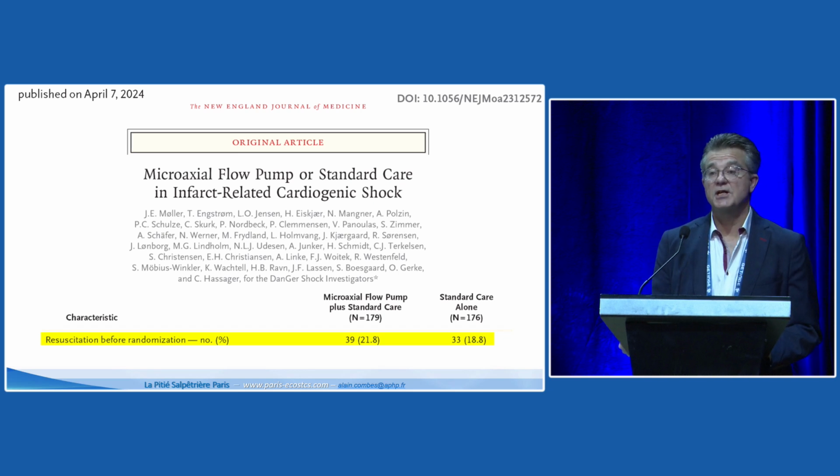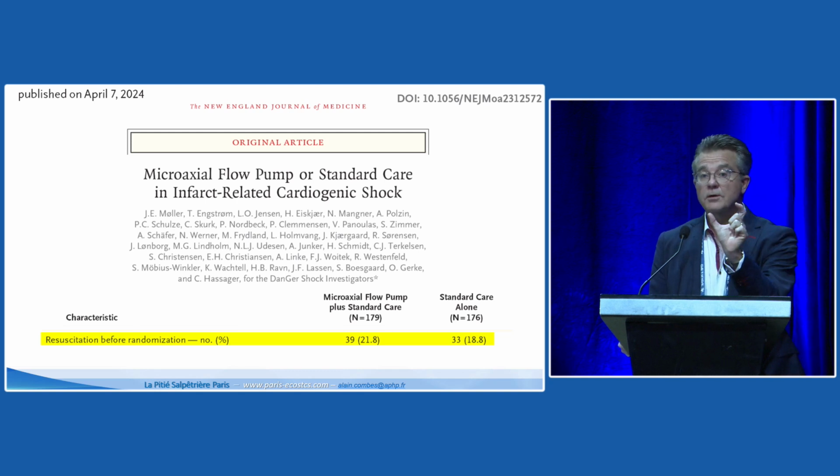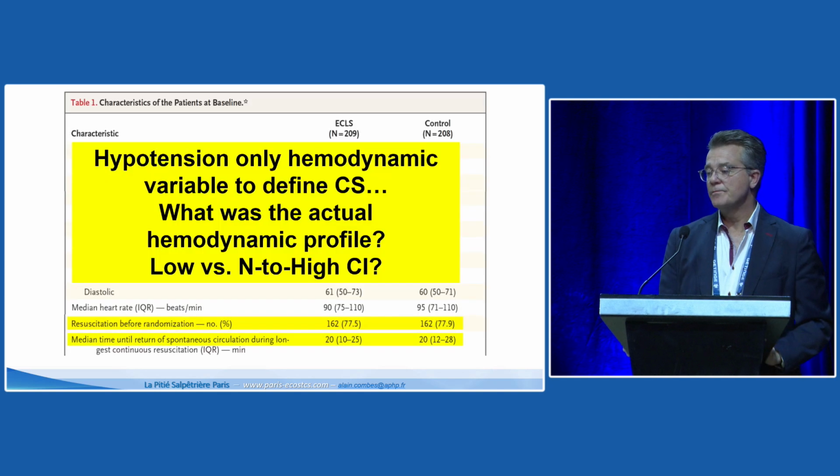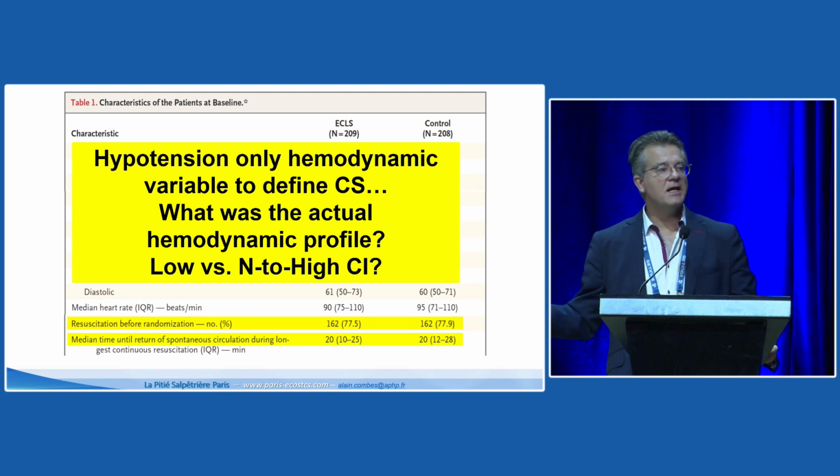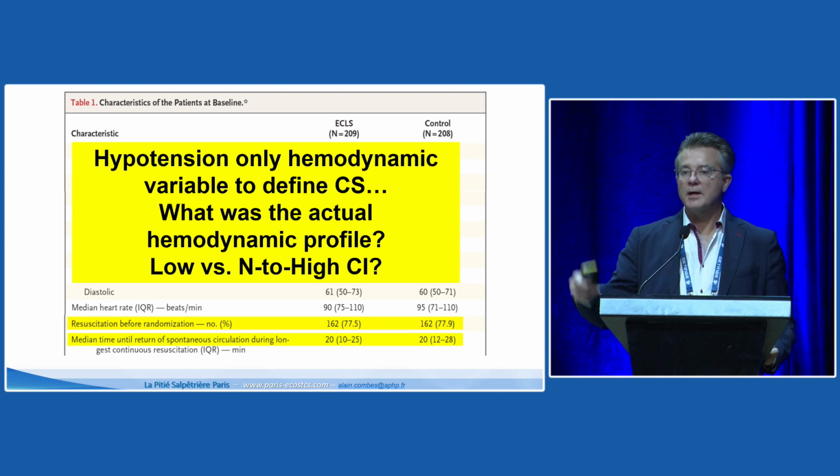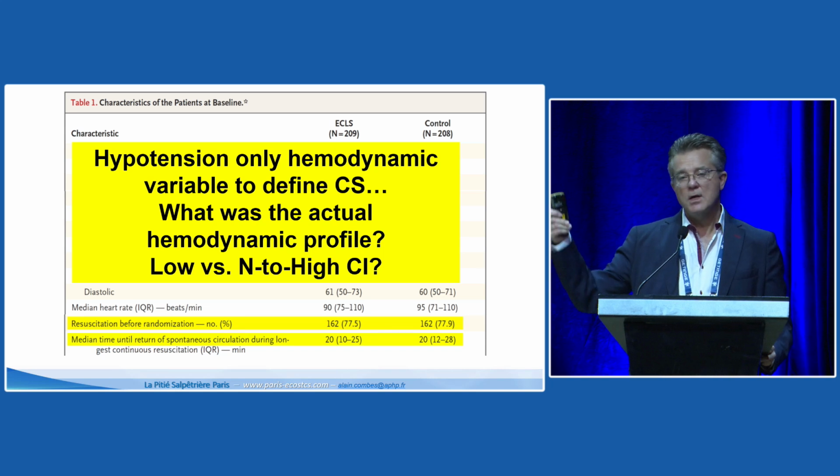Not only was the rate very high, but the duration of cardiac arrest was also very prolonged in most patients. So this ECLS-SHOCK trial is a trial of cardiac arrest patients who had prolonged cardiac arrest, who received PCI and then ECMO, and 1/3 of them were recruited with ECMO. We do not know the hemodynamic characteristics of these patients, and specifically, there was no mention of the cardiac index of these patients.